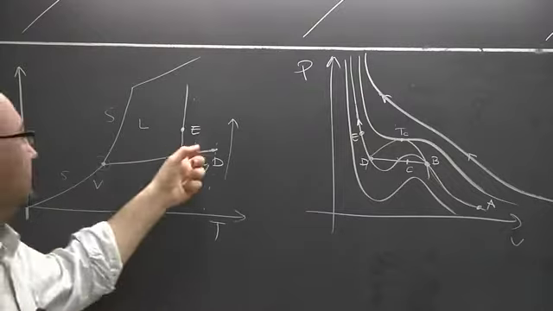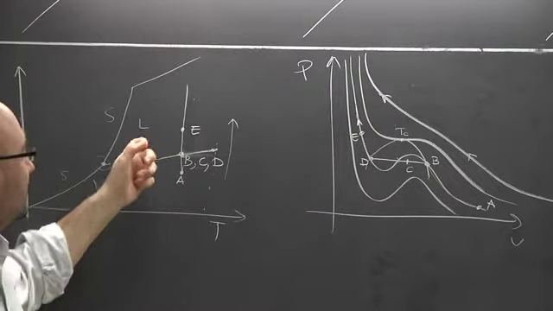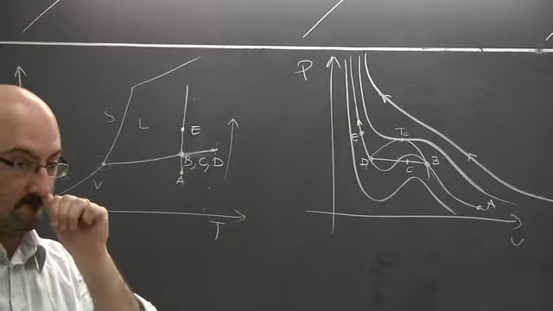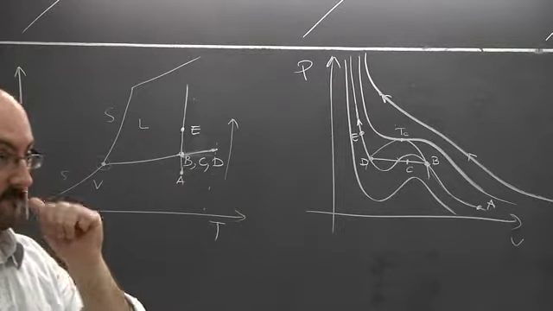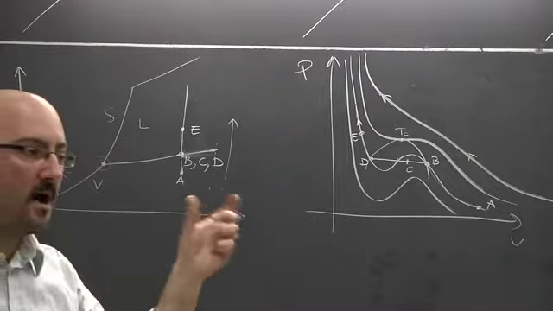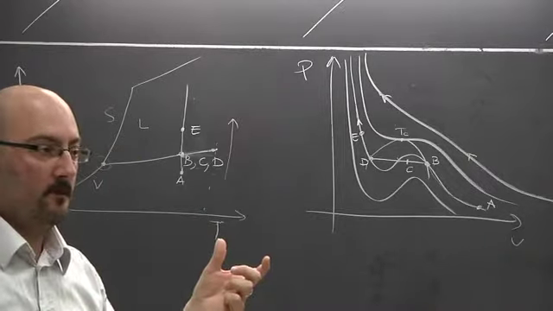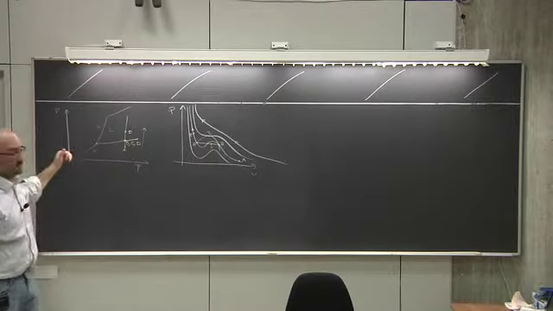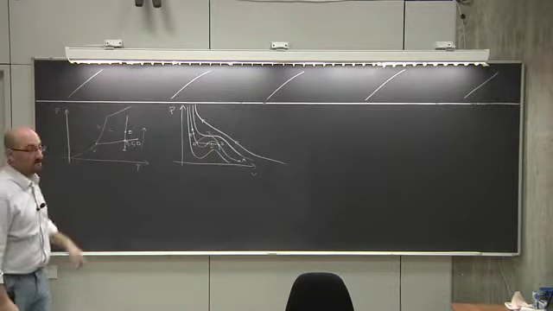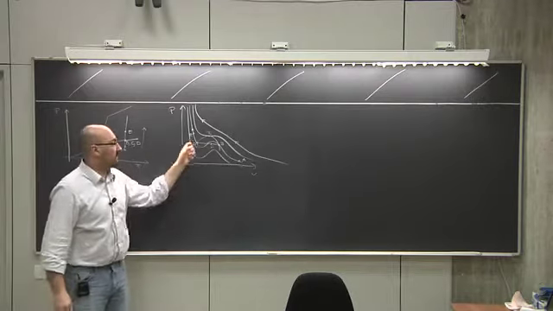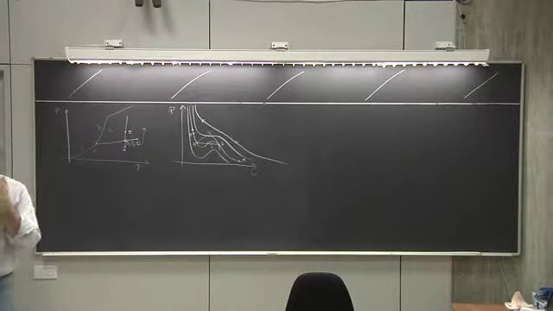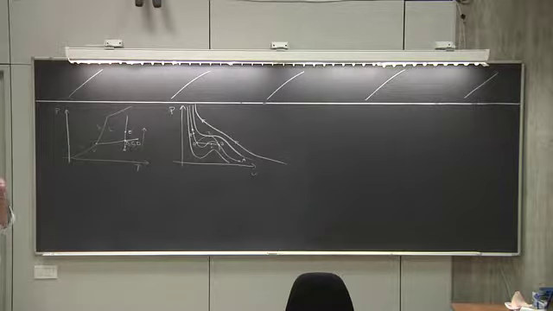On this line, there is both liquid and gas. The precise amount of liquid and gas depends on the volume, which is not a variable in this axis here. But you can see it over here.